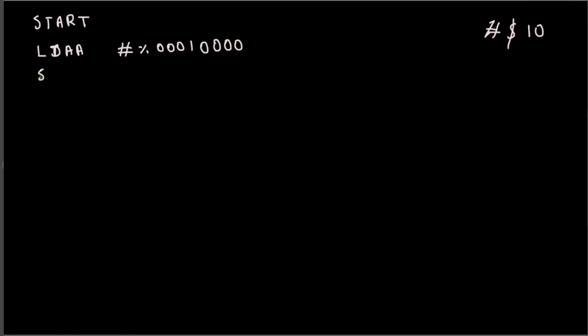Now we store this in accumulator A, store in port A, then jump to subroutine delay, the name we are going to give for the subroutine.